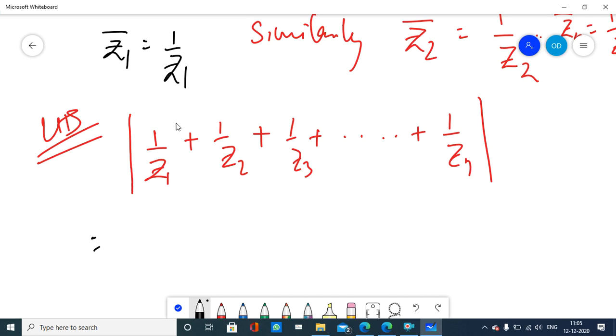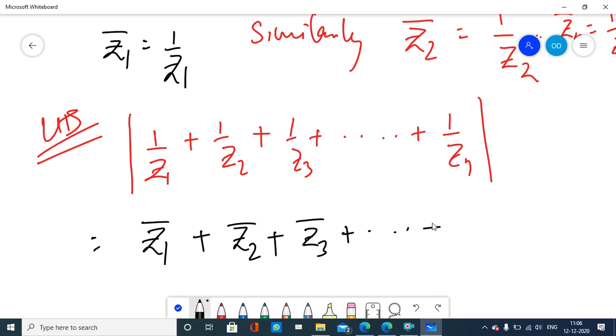It was our LHS, and under the condition that is given to us, we have proven that 1 by Z1 is equal to Z1 conjugate, 1 by Z2 is equal to Z2 conjugate, 1 by Z3 is equal to Z3 conjugate. Clear?